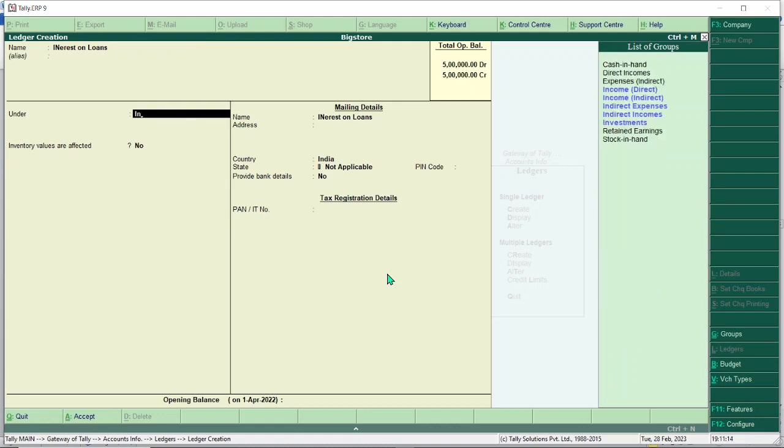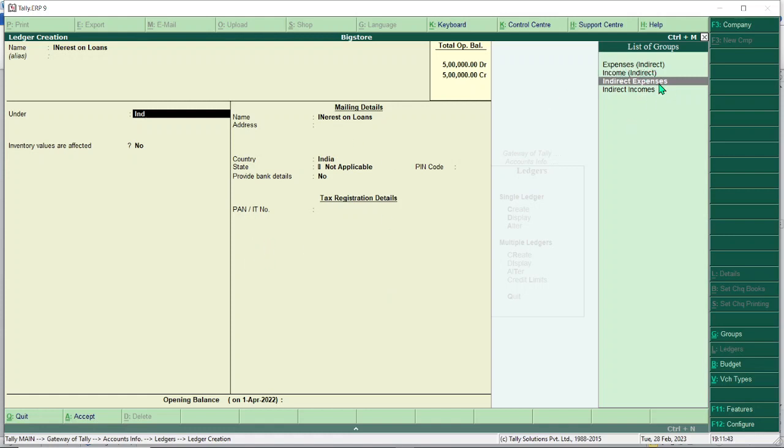We have to be very careful about the list of groups. We have to select the correct list of groups. Suppose like in this case, under interest on loan, we have to choose between indirect income and indirect expenses. So we cannot select indirect income.